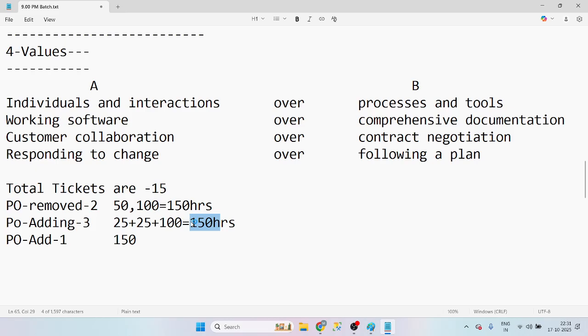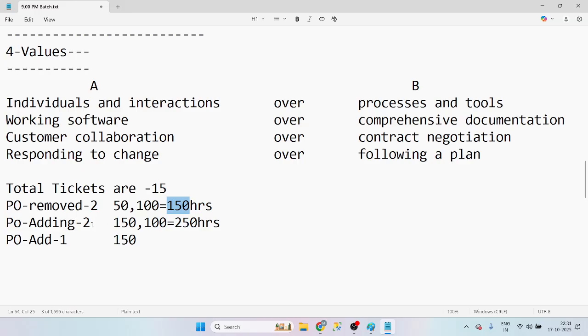Now remove 2 tickets and add 2 tickets. We are not bothering about these 2 tickets. We are bothering about 150 hours.